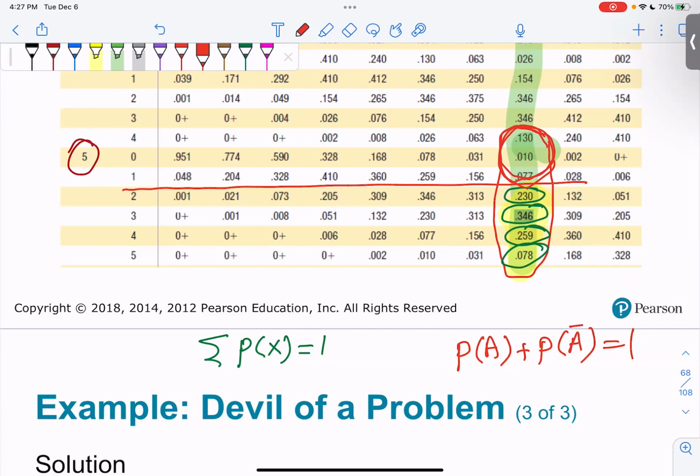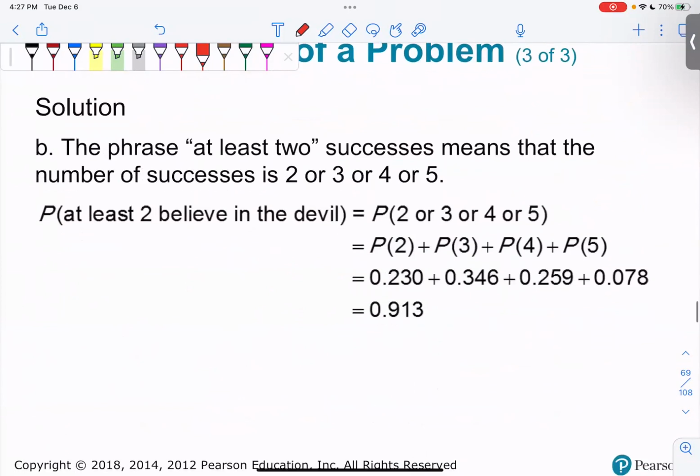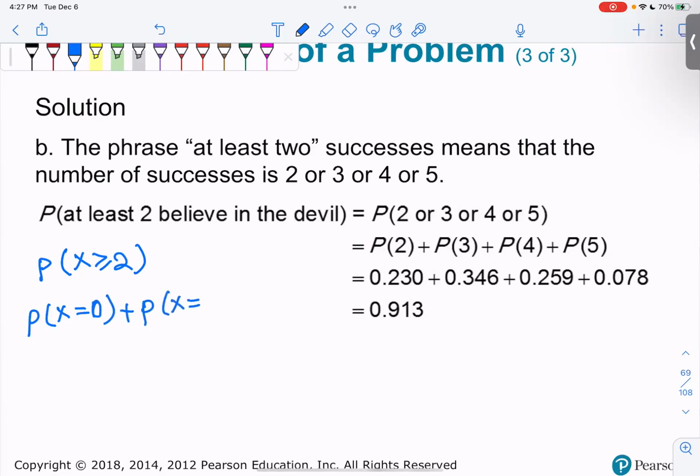So let me write it here. We have probability of X equal to 0 plus probability of X equal to 1, and then plus probability of X greater than or equal to 2.